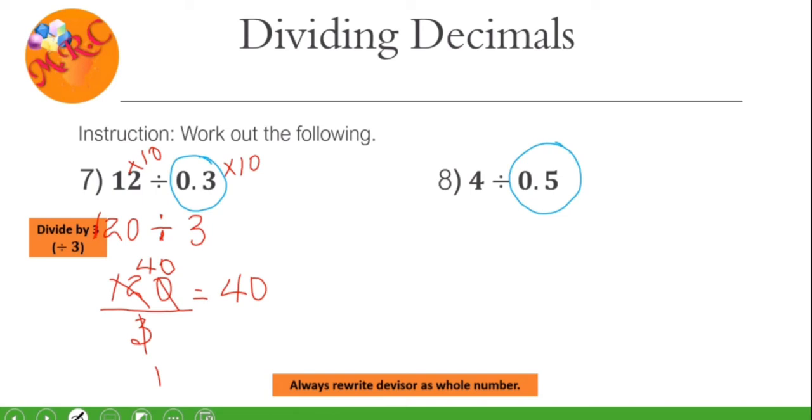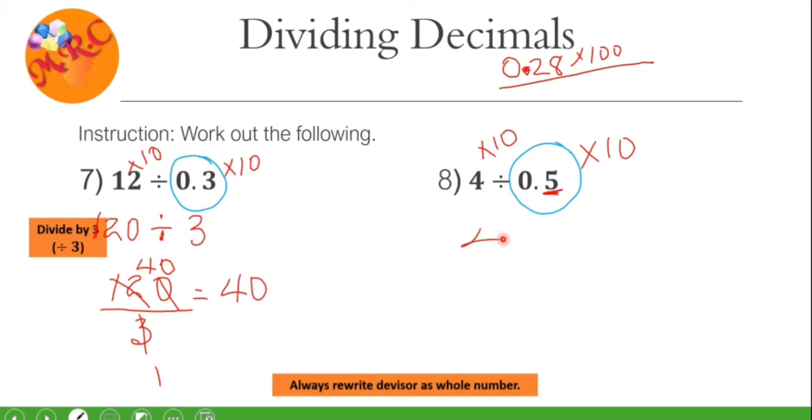So we're going to multiply by 10 right here, and multiply our 4 here by 10. Why am I multiplying by 10? Because we have one digit after the decimal point. If it was two digits, like 0.28, then I would have multiplied by 100.